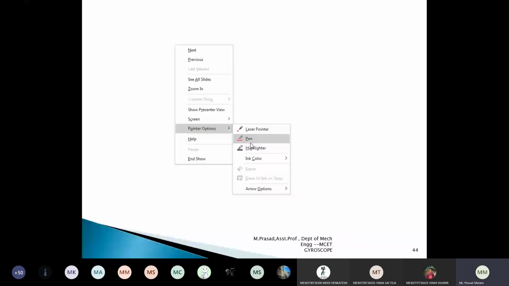Now let us solve for the couple. Couple is given, again as in steering motion, as C equal to I into omega S into omega P. What is the I value I am getting? I is equal to 708.75, omega S is 314.2 radians per second, and omega P we got as 0.0165.